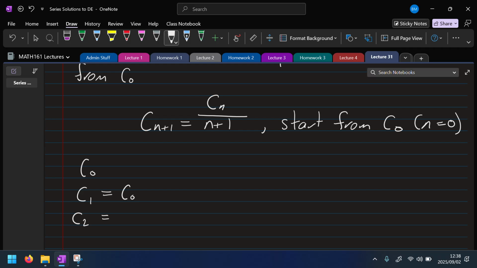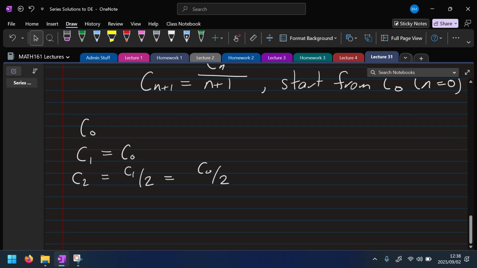What's C2 going to be? On the left there, we let n be 1. We get C2. So we're going to have C1 over 2. Okay. But C1 is the same as C0. So we can write this as C0 over 2. Okay, what about C3? So we look at the left-hand side. We want C3, so n must be 2. So we're going to have C2 over 3.